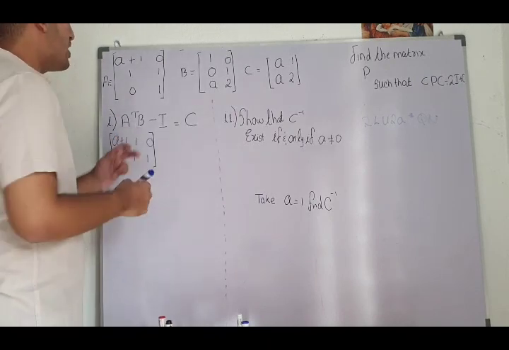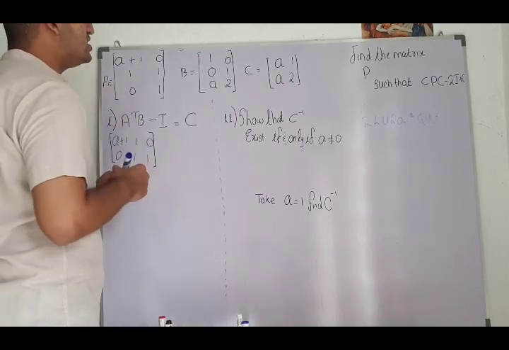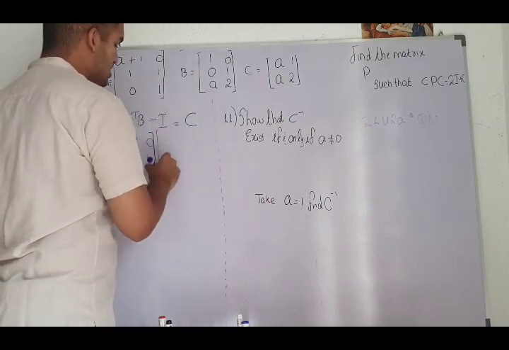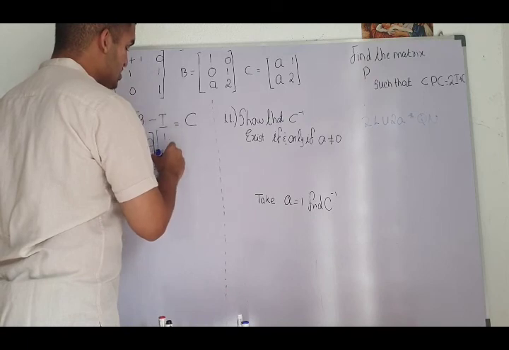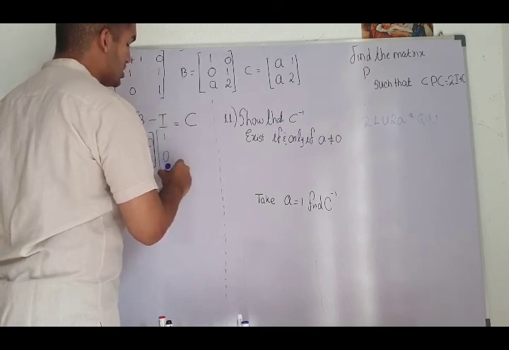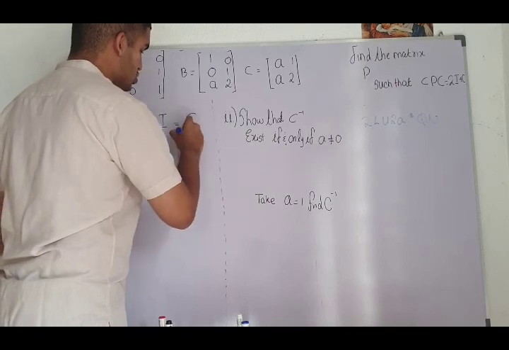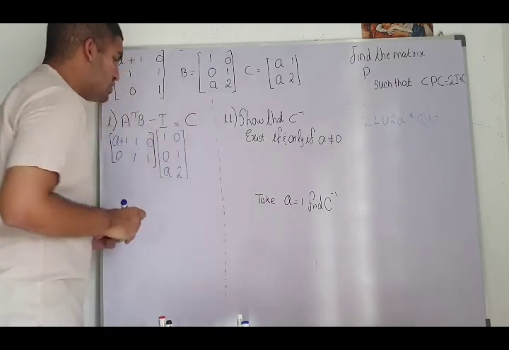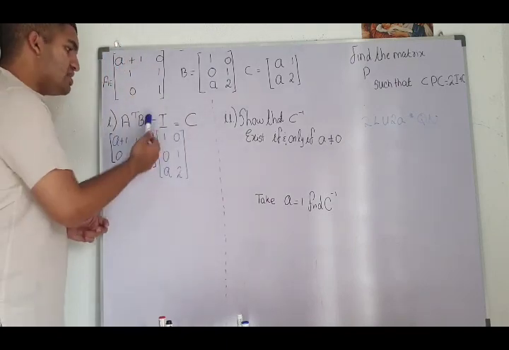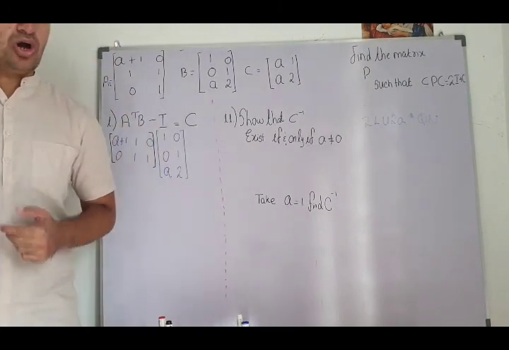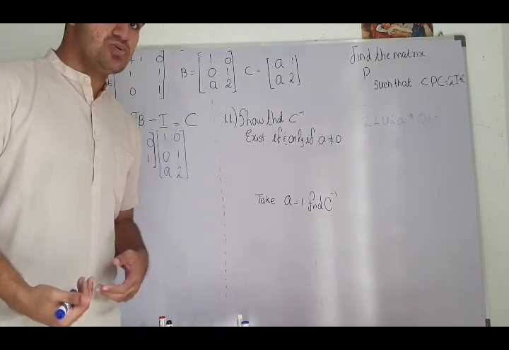So now you have B, and B is to be obtained normally. Let's take it with blue. 0, A, 0, 1 and 2. Now here they have given I. I is an identity matrix. An identity matrix only consists of ones and zeros.